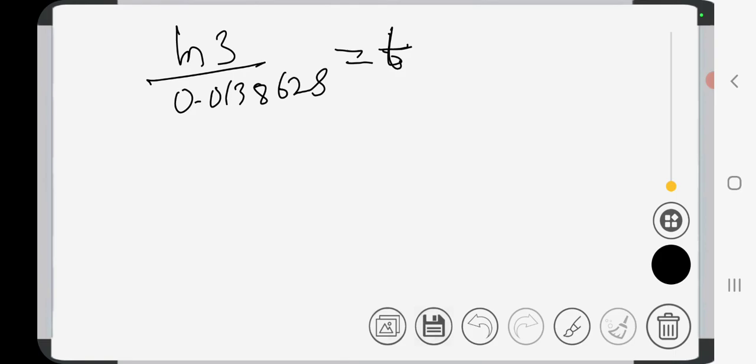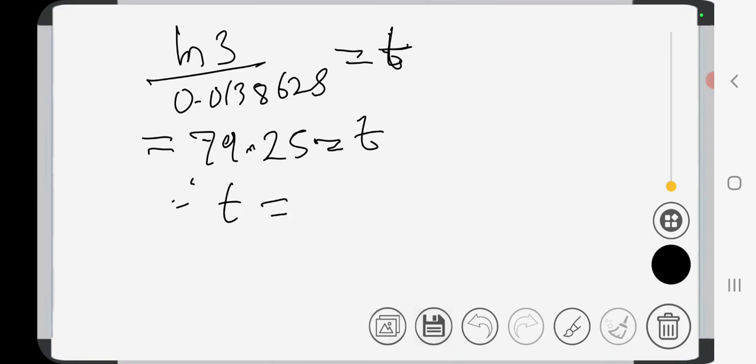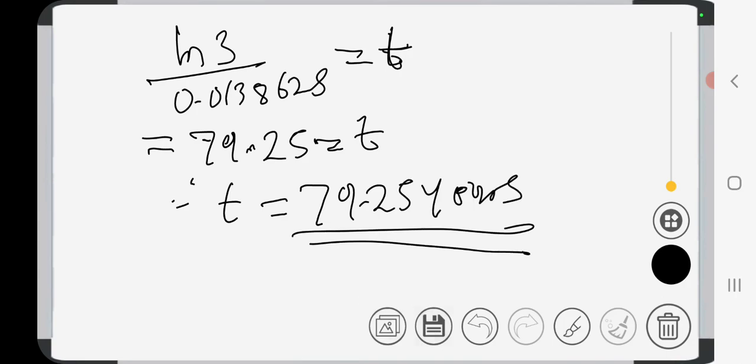When we divide, we get the value 79.25, which is equal to t. Therefore, the population triples in 79.25 years. So this is an aspect of ordinary differential equations in real life application. In this particular problem, we use the method of separable variables.